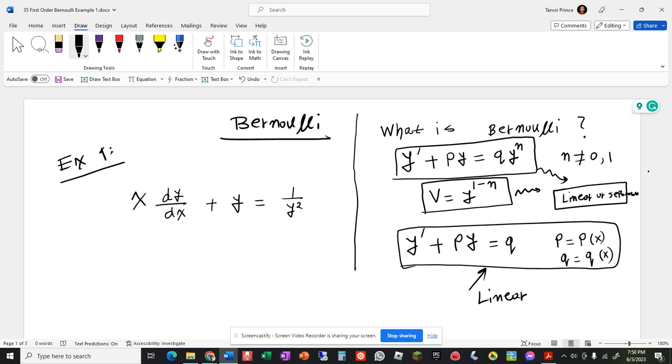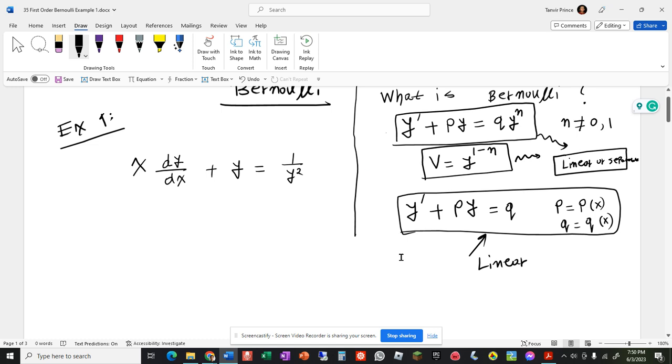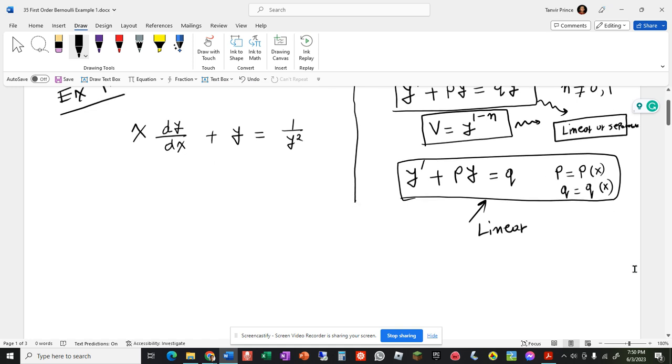So let's look at this example 1 on the left. If you look at here, the coefficient of y prime better be 1. So I have to divide both sides by x. So let's rewrite. If I divide both sides by x, this x will vanish, and then I have y over x, equal to 1 over x times y to the power negative 2.